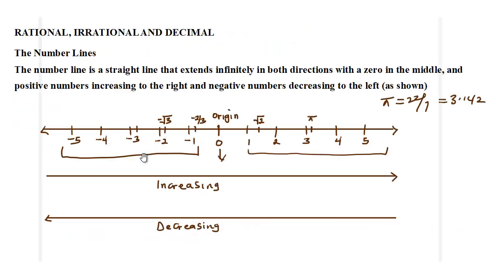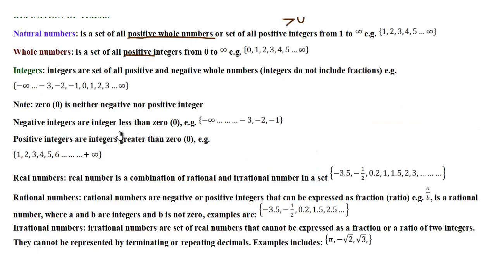For example, look at what we have here on the number line. All these numbers are integers. Let's ignore the fractions we have here, because on the number line we have different properties of numbers. When we say positive integers, they are integers greater than 0. And when we say negative integers, they are integers less than 0. So negative integers are integers less than 0, and we take them from minus infinity to -1.